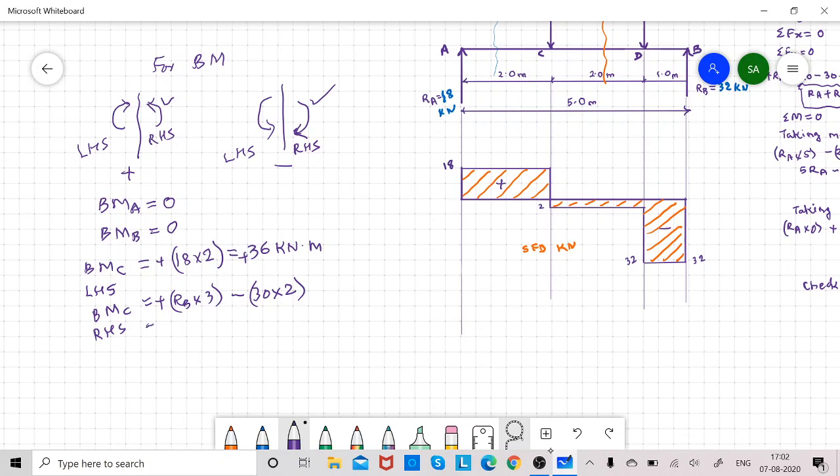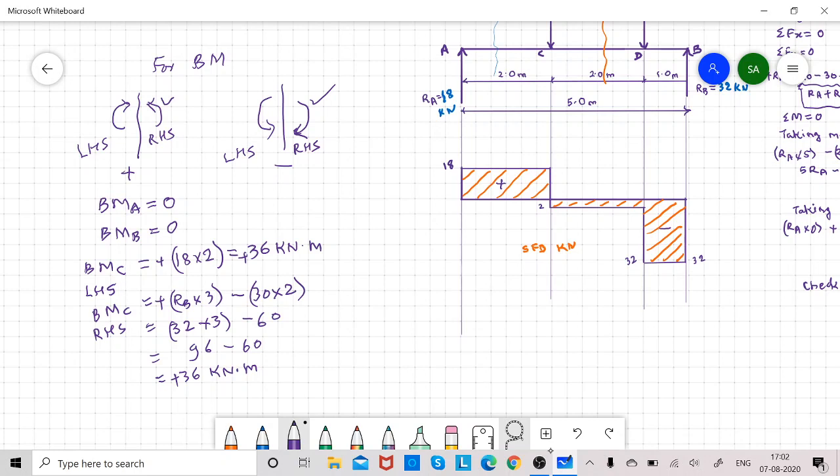So RB is 32, 32 into 3 minus 60. So it is 36 kilonewton meter again. So you can consider right side or left side, you get the same bending moment.